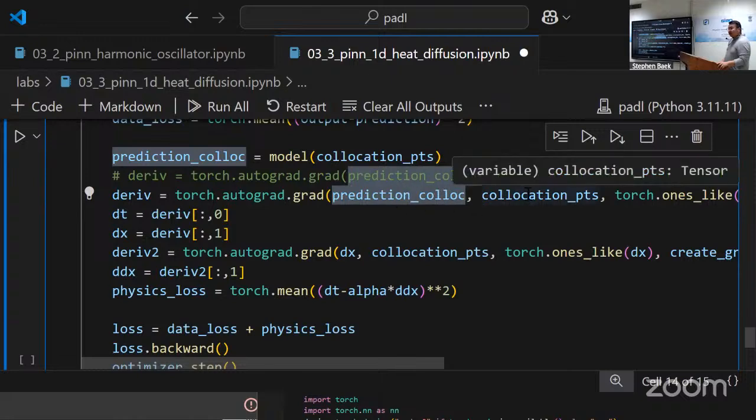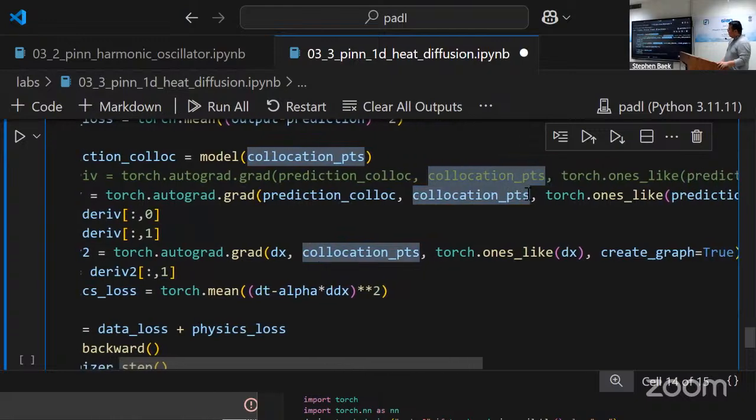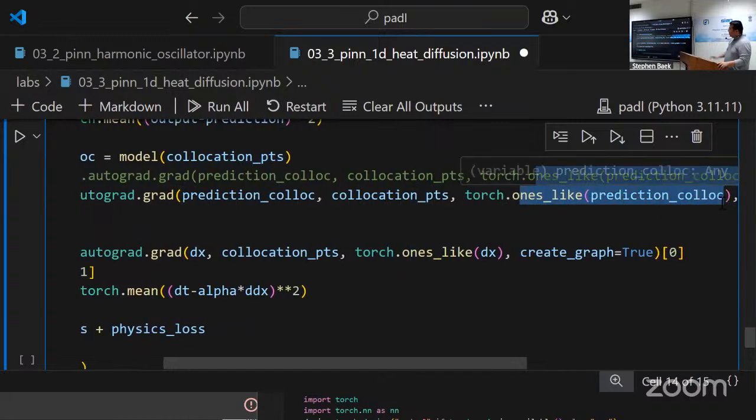We take the derivative of that with respect to the collocation points themselves, and then we have the ones_like. We saw this last time when we first introduced the PyTorch gradient as a way of extracting the diagonal terms of the Jacobian.